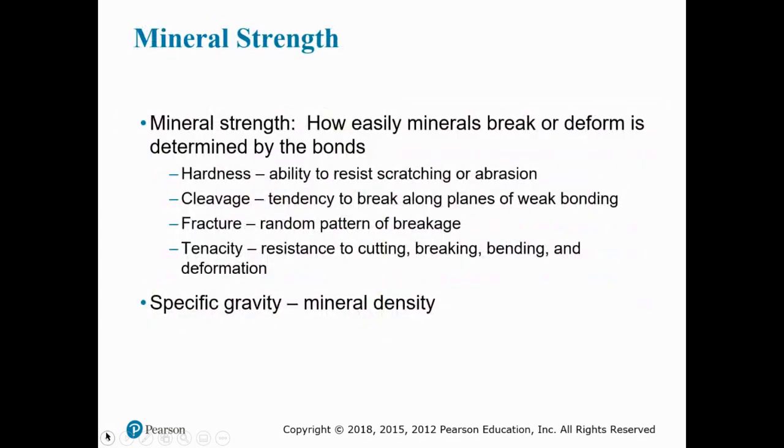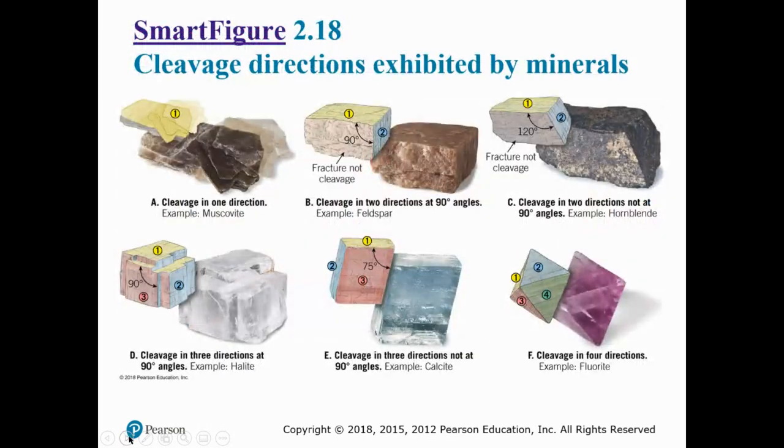Another thing that we can look at is cleavage, and this is the tendency to break or cleave along planes of weak bonding. Not all minerals will exhibit cleavage, but some do, and they can be used to identify them.